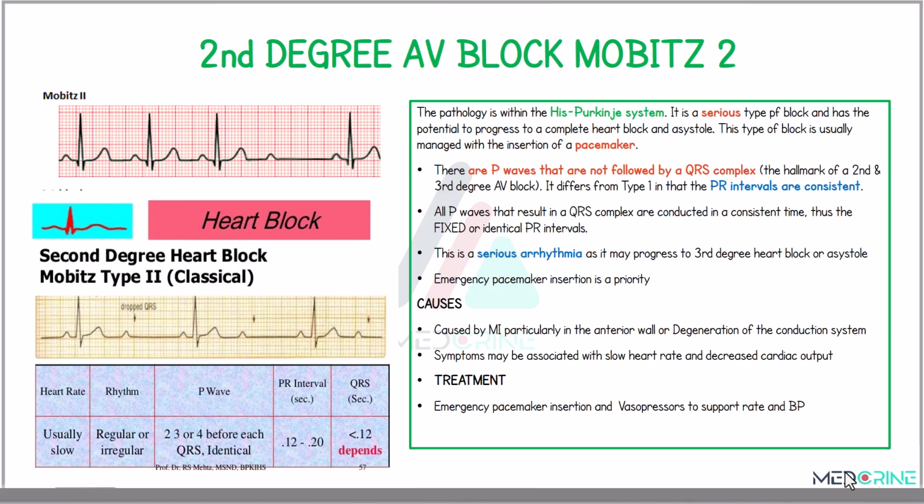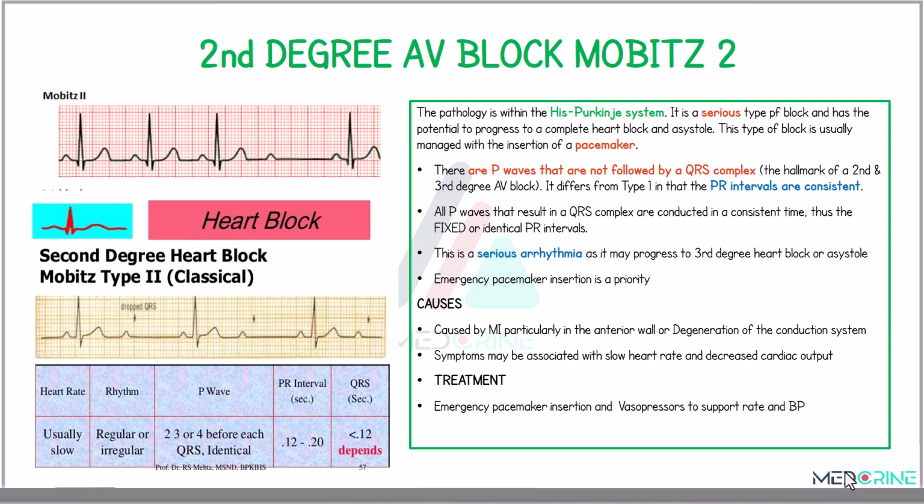Some symptoms which may be associated with this type of block are bradycardia and a decreased cardiac output. And whenever we have a patient with suspected or confirmed second-degree heart block, we manage it with an insertion of a pacemaker and the use of vasopressors to support the heart rate and the blood pressure.